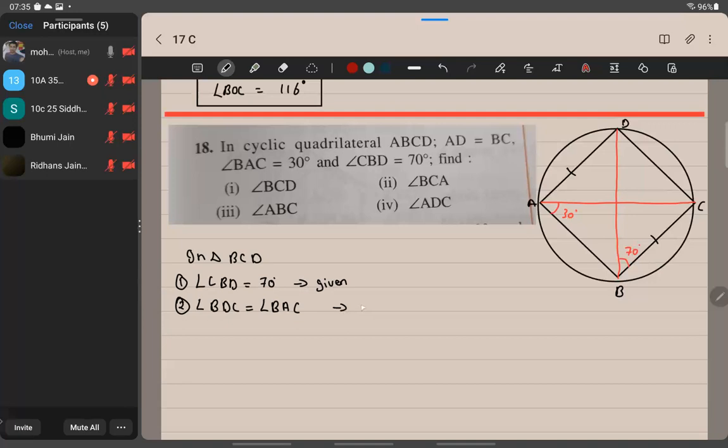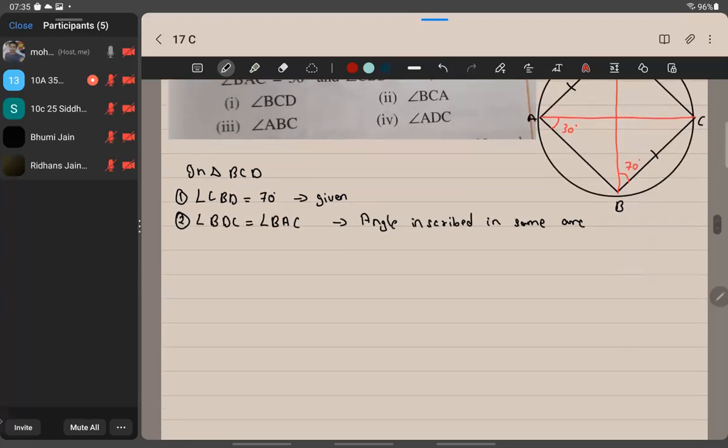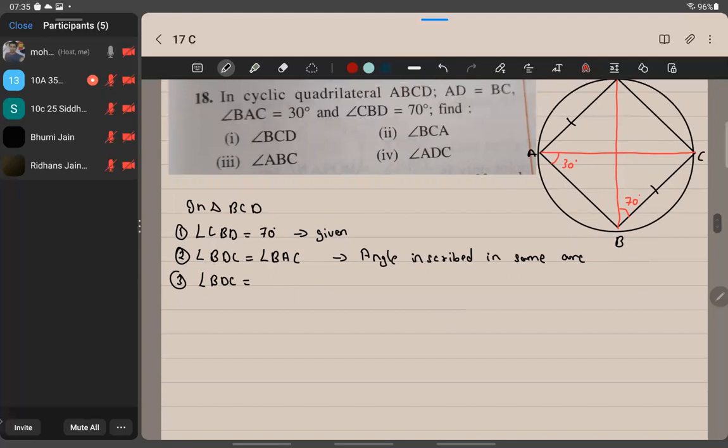Reason, angles inscribed in the same arc. See, their endpoint is C. BDC and BAC, their endpoints are the same. So they are called angles inscribed in the same arc. They are always equal. So angle BDC will be how much? 30 degree. Why? Because angle BAC is already given as 30.